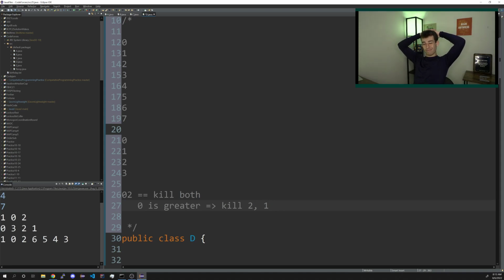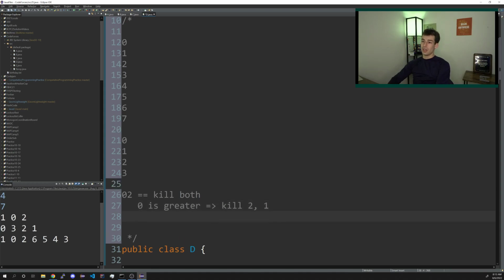Can we do that? We can now, anyway. And what if 1 is greater? Or 2 is greater, I mean. 2 is greater, then we kill 0 and 3.